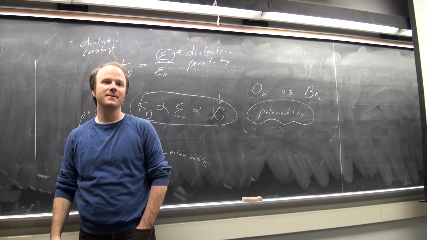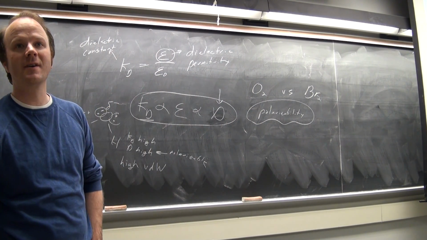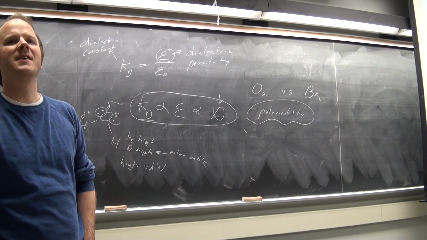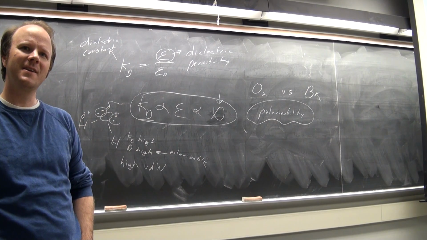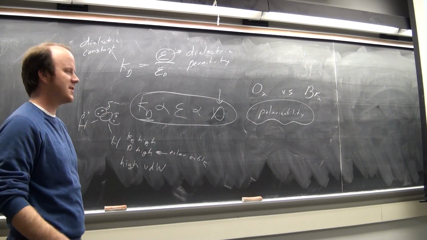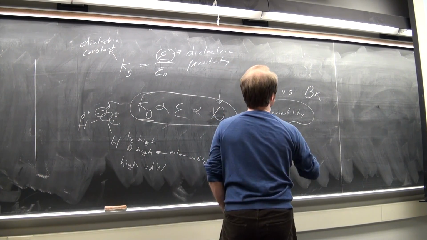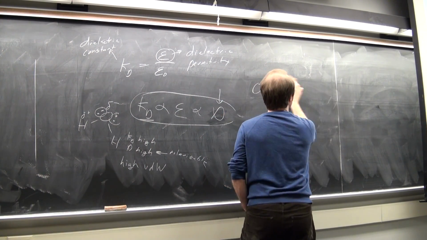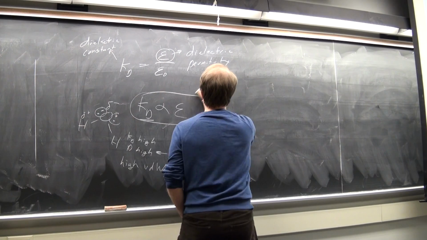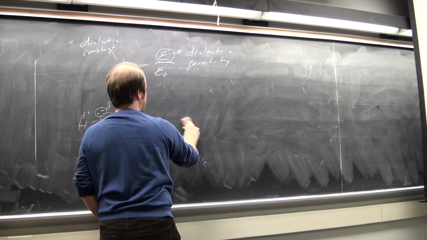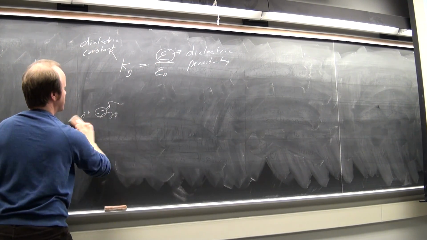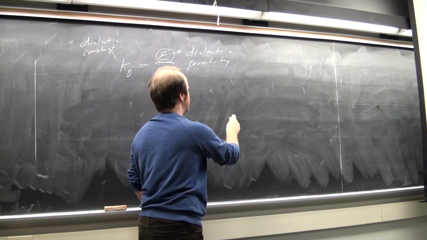Yes? I'm just a little confused exactly what polarizability is. Like, at the molecular level, what that means. Yeah, so at the molecular level, you need to think about the electron. So polarizability, we're talking about how easy it is to move the electrons around the molecule.